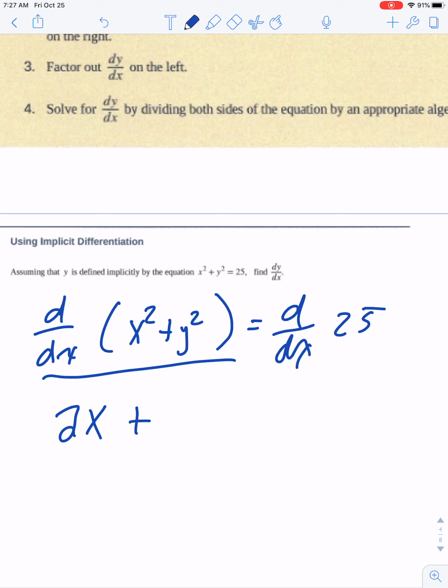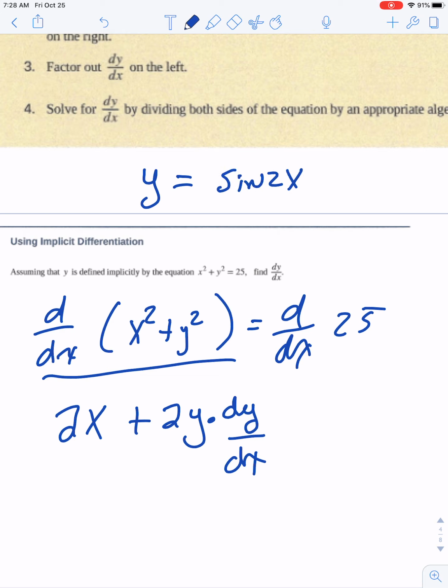Derivative of y with respect to x, we would derive y, but then we also need to make sure that we continue with dy/dx. We do that because of the chain rule, and also if you think about u substitution, whenever we solve a problem, say like y equals sine of 2x, and we use u substitution, so u is equal to 2x, du/dx is equal to 2.